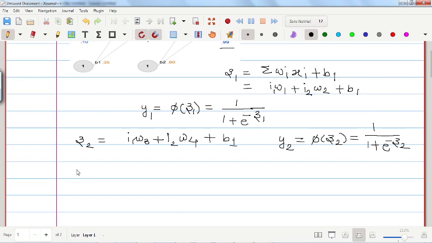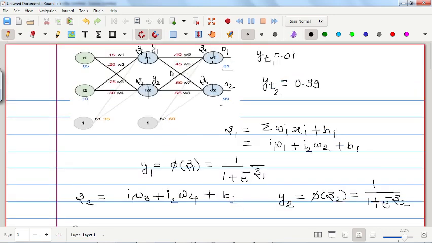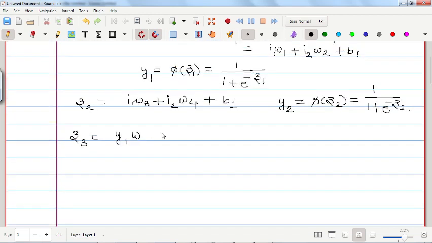So let me write down Z3. Z3 equals Y1 into W5 plus Y2 into W6 plus bias. Don't forget to take the values of bias. The bias is B2.